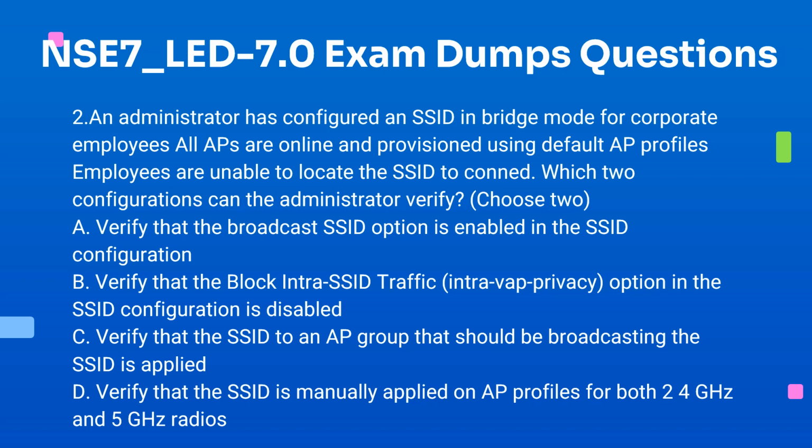B. Verify that the block intra-SSID traffic (intra-VAP privacy) option in the SSID configuration is disabled. C. Verify that the SSID is applied to an AP group that should be broadcasting the SSID. D. Verify that the SSID is manually applied on AP profiles for both 2.4 GHz and 5 GHz radios.